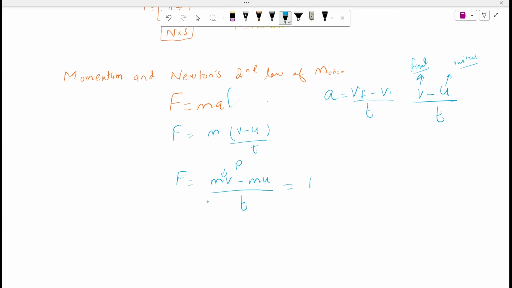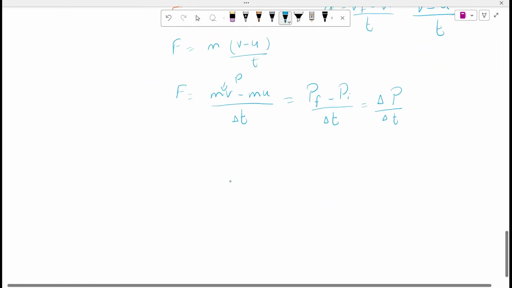So mv shows the final momentum and mu shows the initial momentum, divided by time. For t, you could also write delta t, because it is the time difference between the final and initial velocity. So we can write it as delta p over delta t. Am I clear up till now?